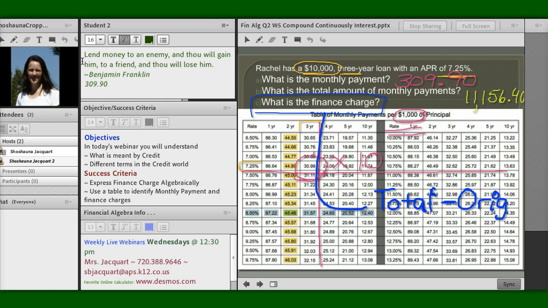So the total is 11,156.40 minus 10 grand.